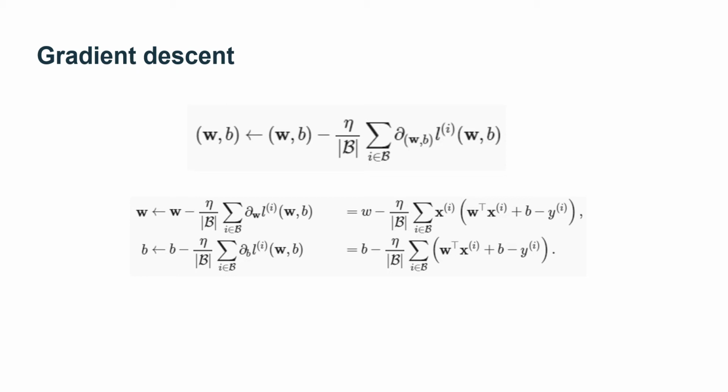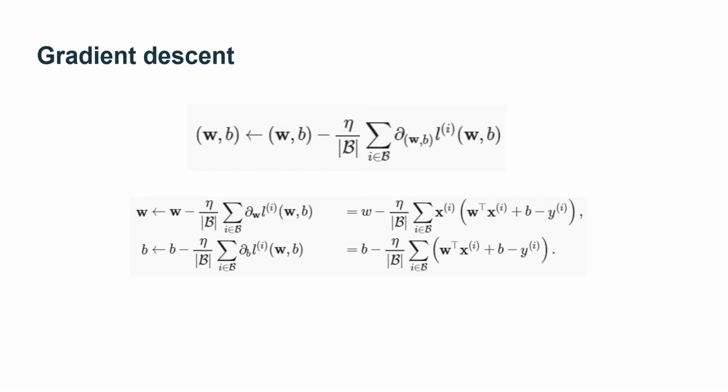We then compute the derivative of the average loss on the mini batch with regard to the model parameters. Finally, the product of this result and a predetermined step size greater than 0 is used to update the parameters in the direction that lowers the loss. We can express the update mathematically as follows.